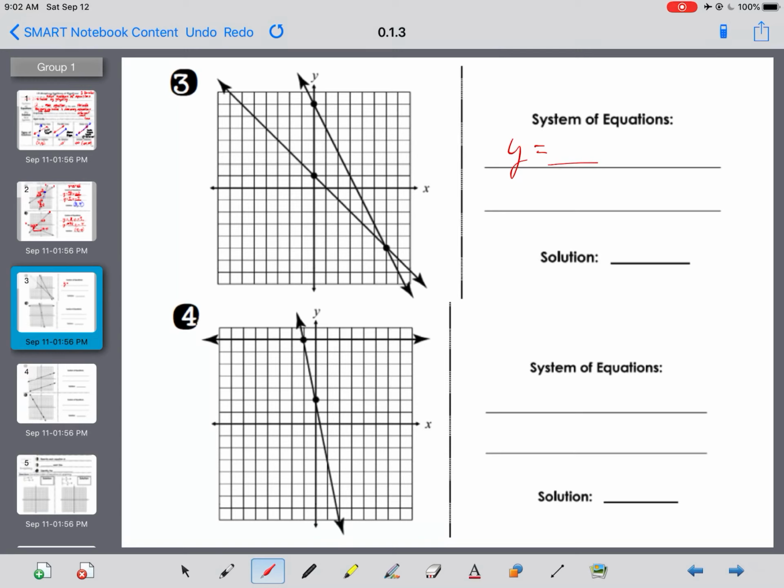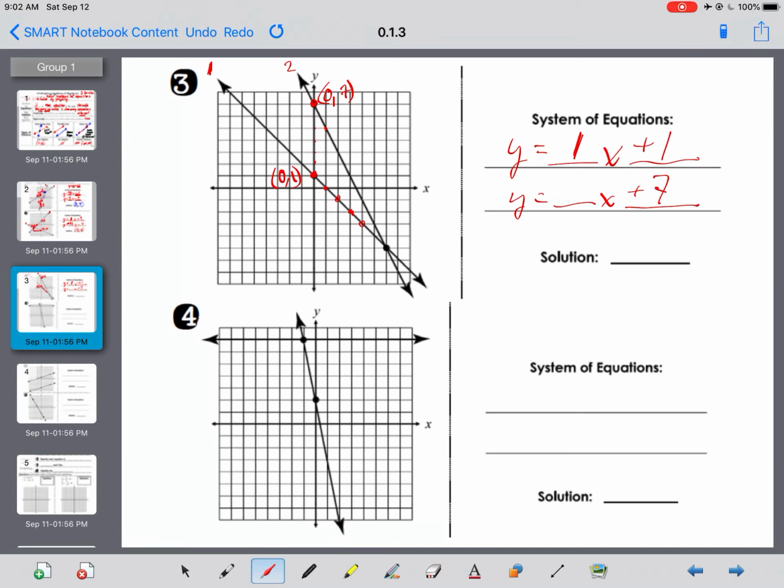All right, y equals something x something, y equals something x something. Okay, let's see, this will be number 1, and this will be number 2. All right, number 1, the y-intercept is at 1, right? 0, 1. And its slope seems to be hitting each one of these. A slope of 1, okay? Let's see, 1, 2, 3, 4, 5, 6, 7, 0, 7.